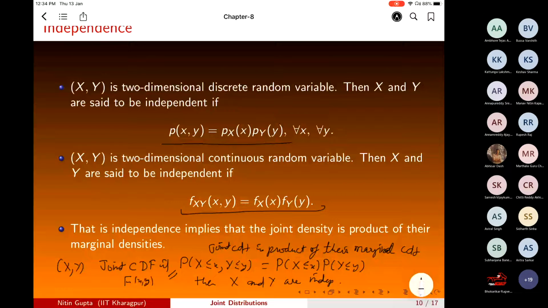So if this joint CDF is the product of their marginal CDFs, then x and y are said to be independent. From there, we get these two definitions in the discrete and continuous cases.